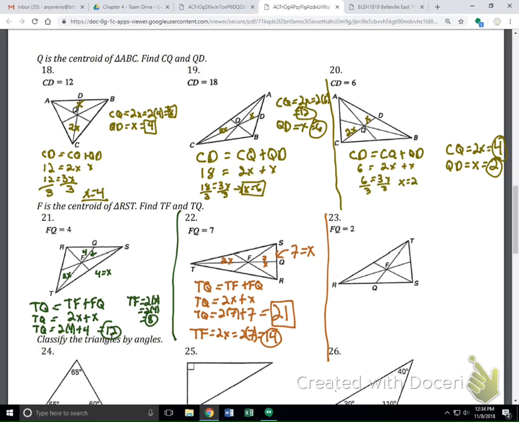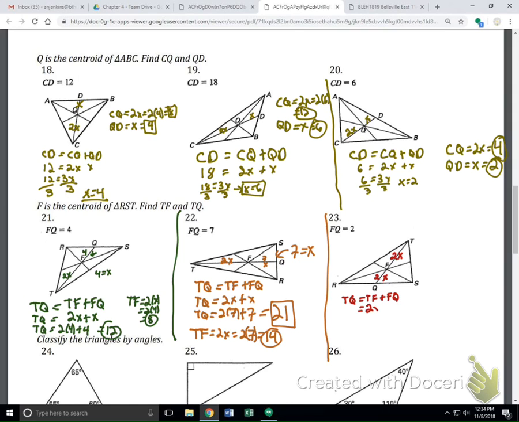Our last one of this type is we are now given FQ. So based on the fact that FQ is 2, again, this is the portion that is from the centroid to the side that's being bisected, is going to be a distance of x. The part from the vertex to the centroid is 2x. So we have TQ equals TF plus FQ.